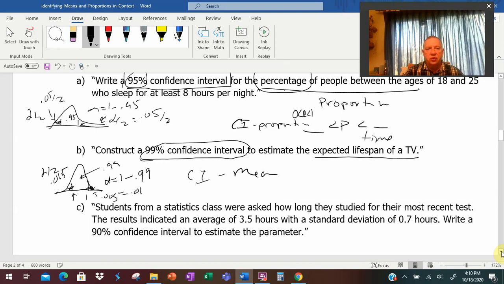To get our critical values, we would go to the tables or our calculator to do the inverse and find what numbers have this much area. 0.005, and then 1 minus that, 0.995, would be here. And you would have some value less than the mean of all TVs, less than some number.